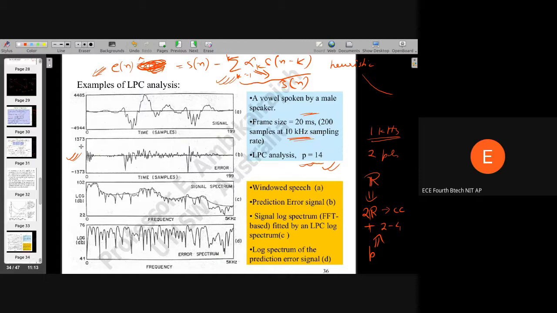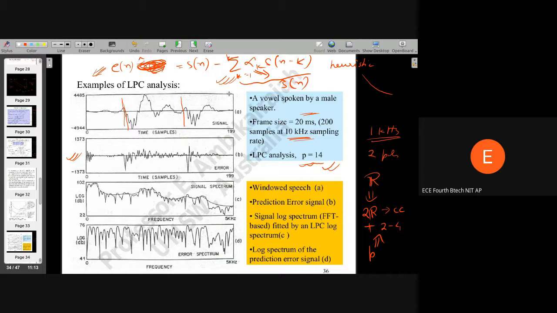This error signal has some very interesting properties. You can see here this is a periodic voiced waveform. It is repeating. There is a periodicity, a repetition. It is a voiced sound, and it has periodic properties.